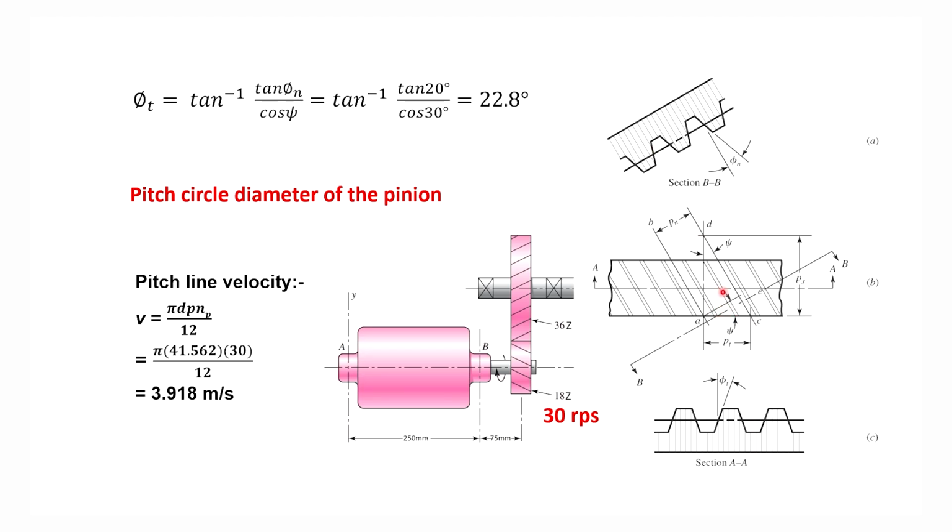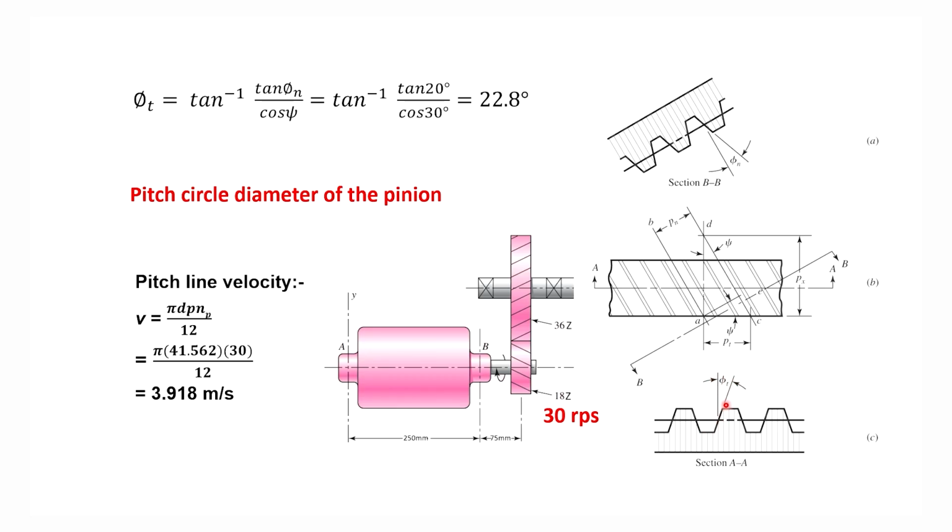Then the gear teeth will view like this one in the section BB, which is the normal, and the pressure angle corresponding to that view is called the normal pressure angle, and the pressure angle corresponding to this AA section is the tangential pressure angle phi t.